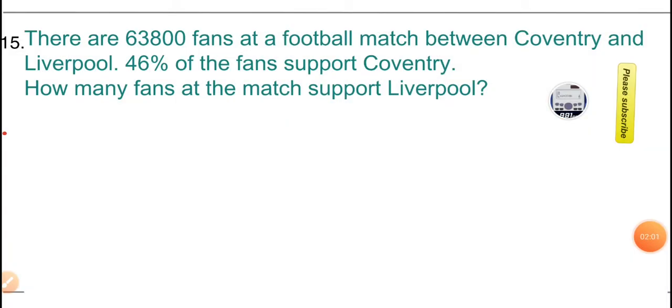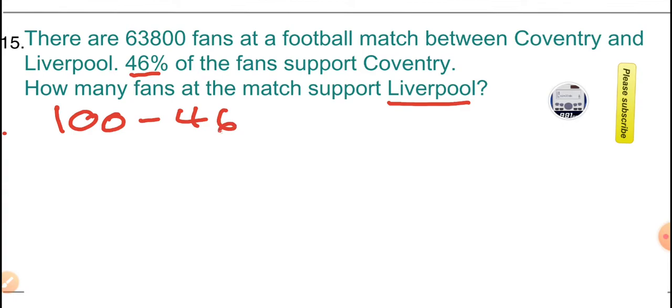The other way to do the question was to say that since 46% of the fans support Coventry, we can work out what percent support Liverpool. That will be done by doing 100 minus 46, which is 54. So that shows us that 54% of the supporters supported Liverpool.